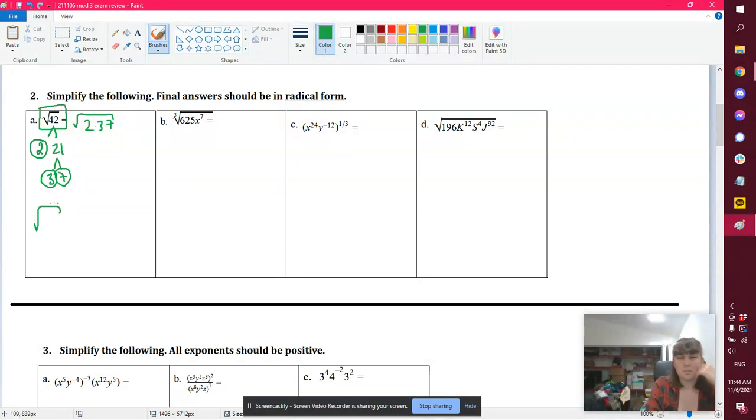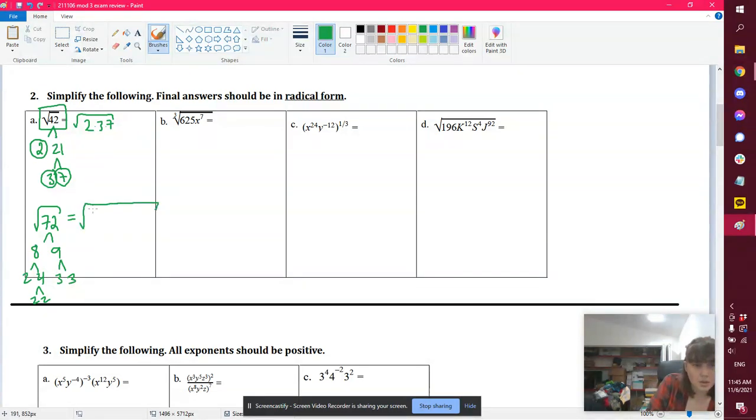If we did something better, what would be a better example? 72, right? And I'll make the review say 72 instead. We would break this into 8 times 9. 8 is 2 times 4 and 2 times 2. 9 is 3 times 3.